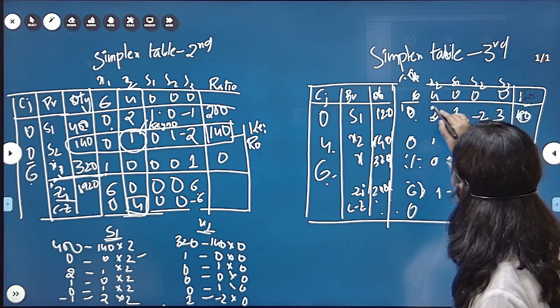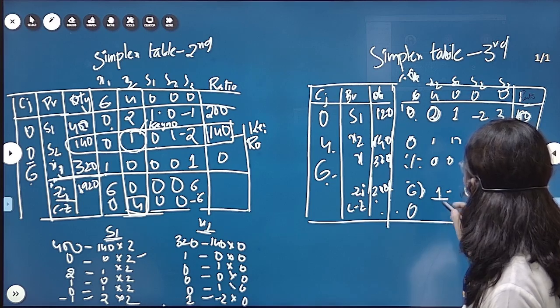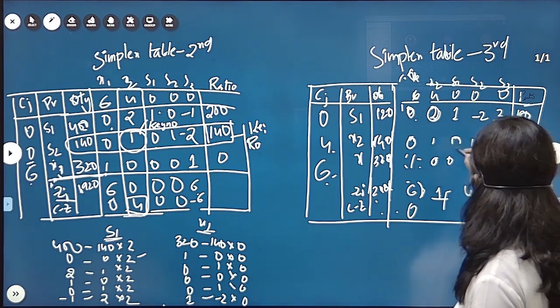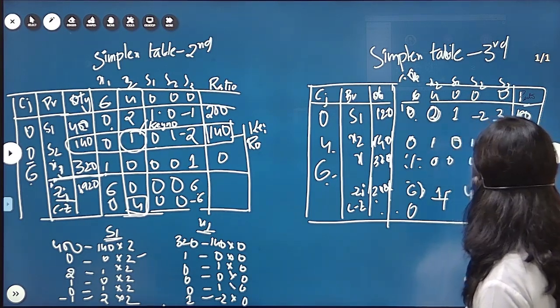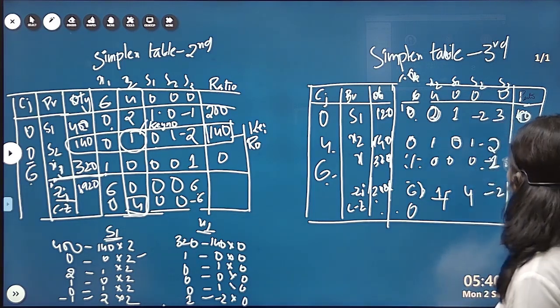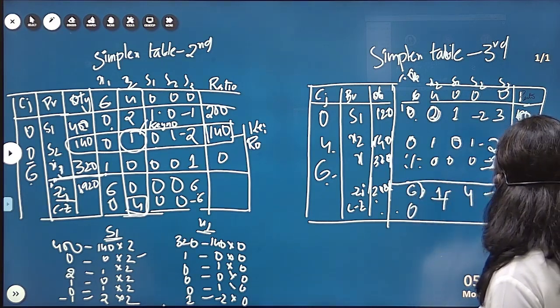This is 2 or 0? 0. This is a 4. This is also 4, right? This is 2. Minus 2. This is minus 1. This is minus 2, right? Okay.